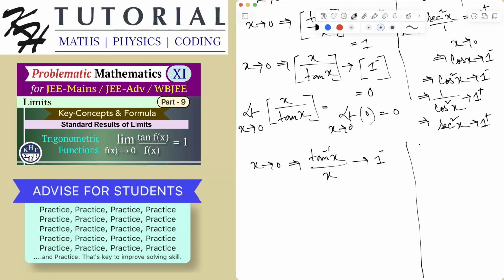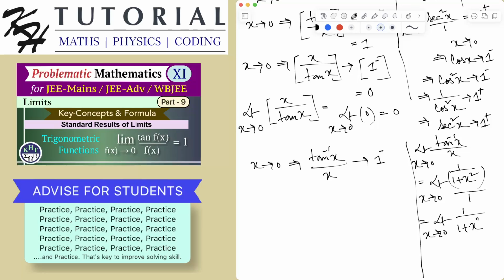So let's say we are finding limit x tending to 0, tan inverse x by x. Using L'Hopital's rule, this becomes limit x tending to 0. What is the derivative of tan inverse x? It is 1 by 1 plus x square, and the derivative of x is 1. So this is limit x tending to 0, 1 by 1 plus x square.